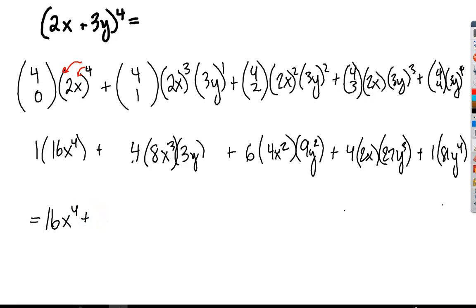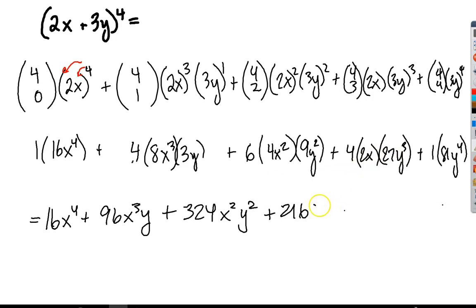I have to do some of this math because I just made this one up. Okay, so 24 times 4, 96x cubed y plus 324x squared y squared, 216xy cubed, and then 81y to the 4th. So there's that expanded version.